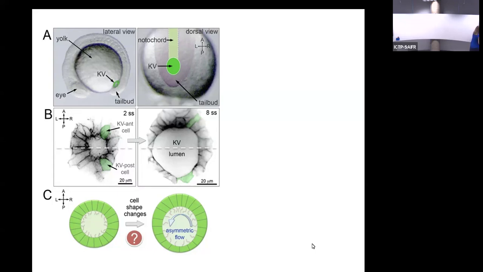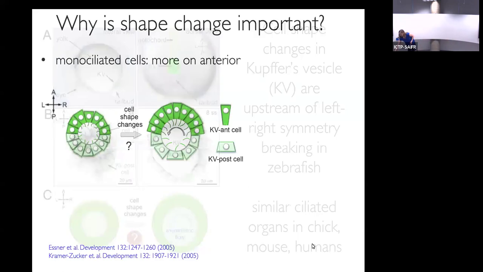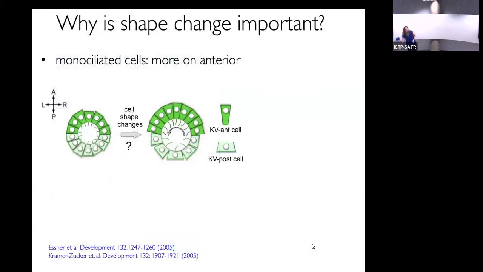And this sets up an asymmetric flow, which is chiral, okay? And just before I tell you the downstream part, this happens in chick, mouse, and humans, as far as we can tell. Same basic physics.